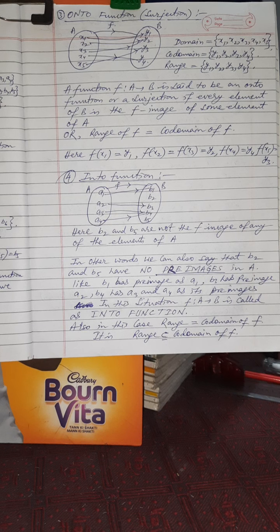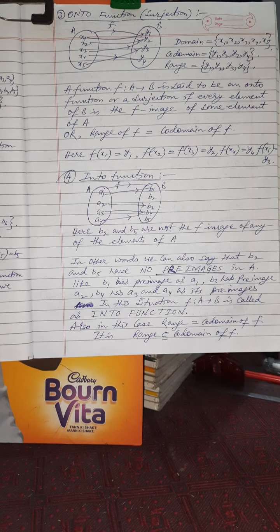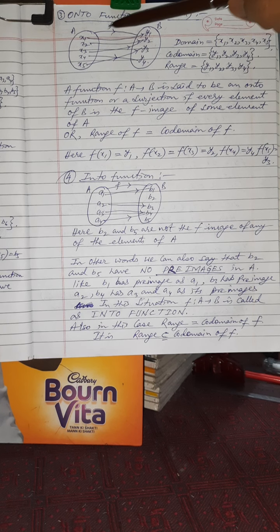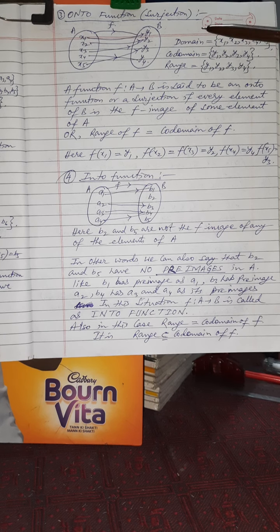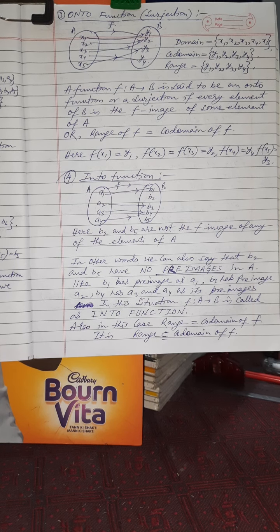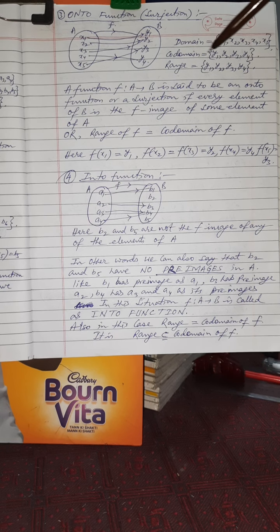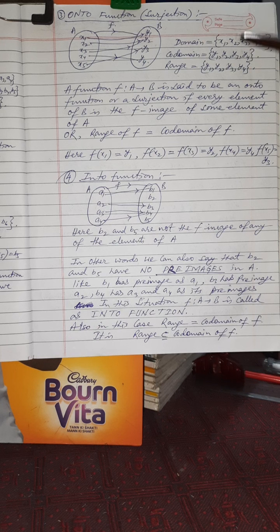I hope you all are getting the point. In other words, the range of this function f must be equal to the codomain of this function. You can see the domain is x1 up to x5, the codomain is y1 to y4, and the range is y1, y2, y3, y4. So the range and codomain are both equal.